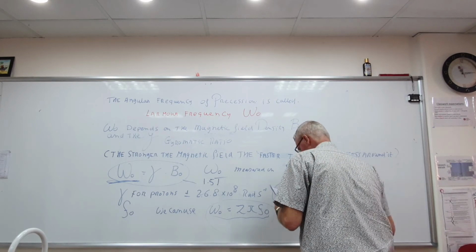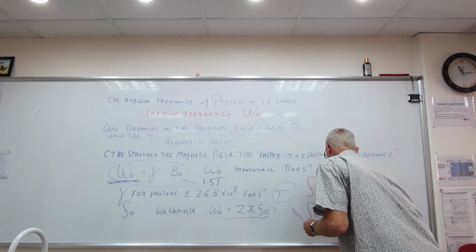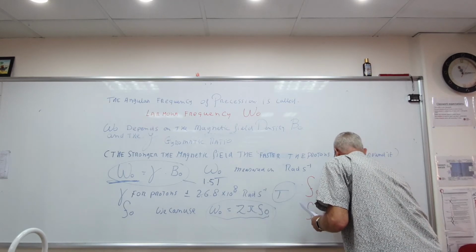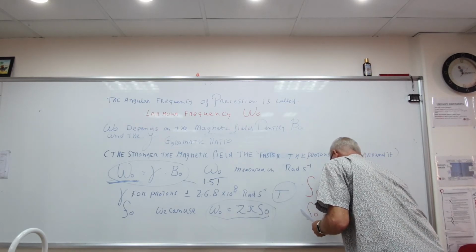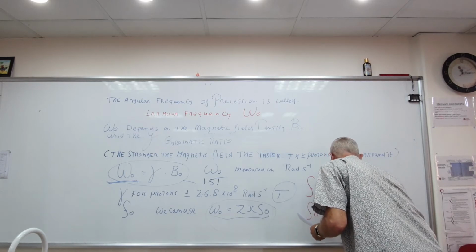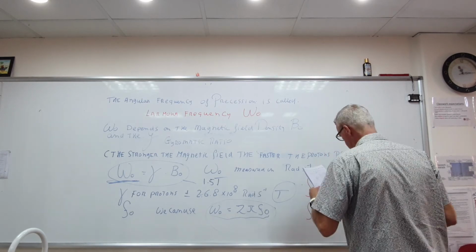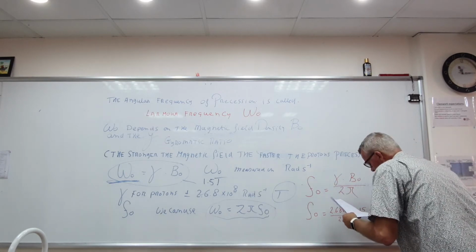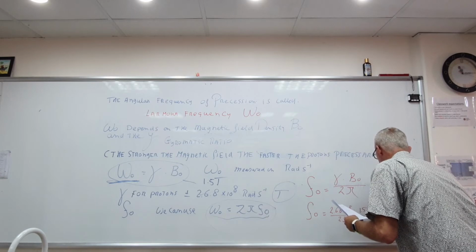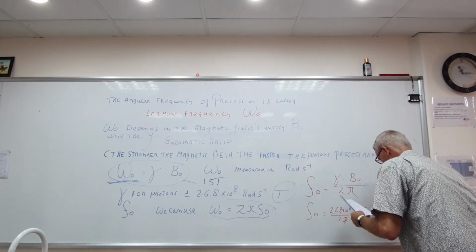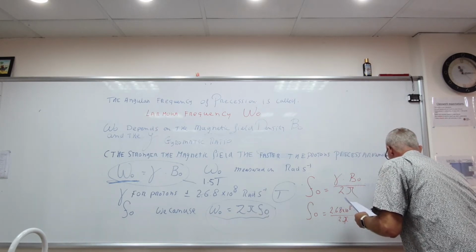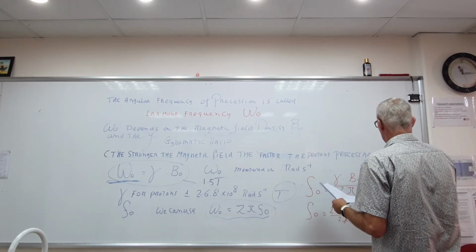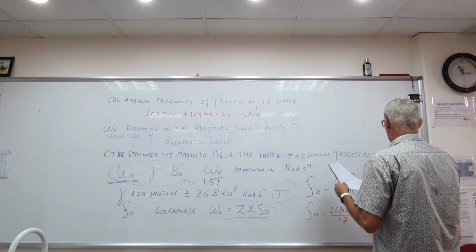F0 equals 2.68 times 10 to the power 8 times 1.5 divided by 2 pi. And when we make a calculation, we get around 6.4 times 10 to the power of 7 hertz, which is equal to 64 megahertz.